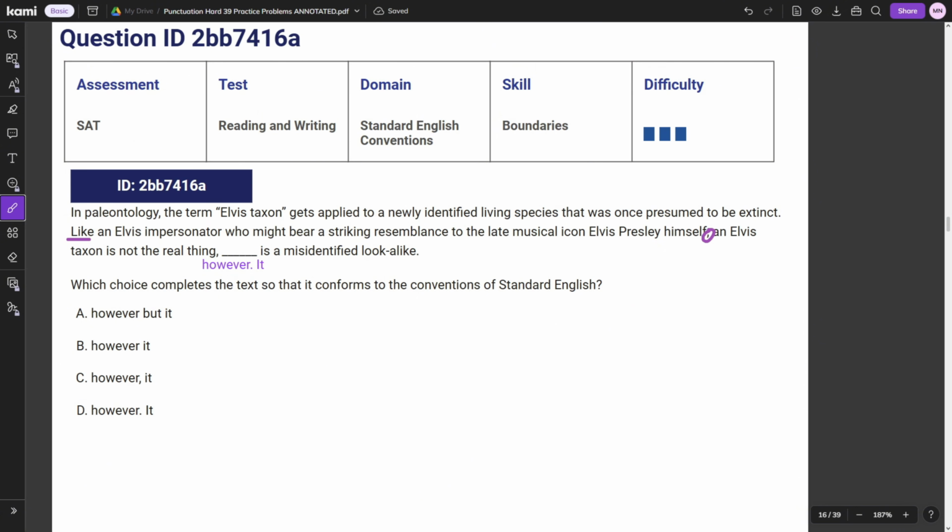So this is actually going to be a modifier, which means we won't find our noun or verb here. Now you don't need to know that. You'd probably be able to find a noun and a verb even without crossing that out, because the noun would be "Elvis taxon," and our verb would be "is not." Alright, now let's look after our period. Let's see if there's a noun and a verb. "It" is going to be our noun, and then "is" is going to be our verb. So yes, there are two complete sentences, so we would in fact need a period to connect those two complete sentences, which means our answer will be D.